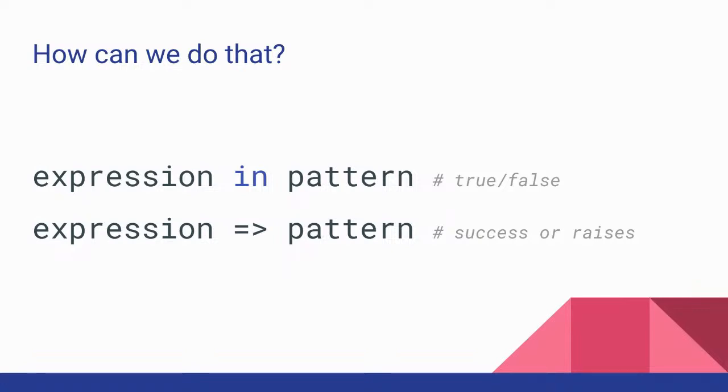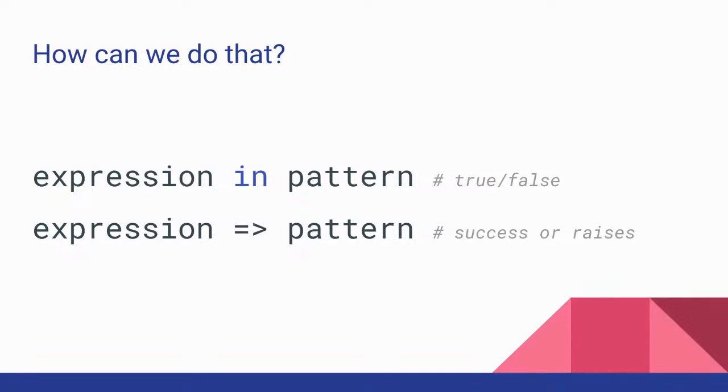The difference between the in keyword and this operator is that you're going to receive a success, or if the pattern doesn't match, an error is going to be raised. In Ruby 2.7, we're going to receive an error if we try to use the in keyword, but this behavior changed in the newest version of Ruby, and my description is related to the newest version.